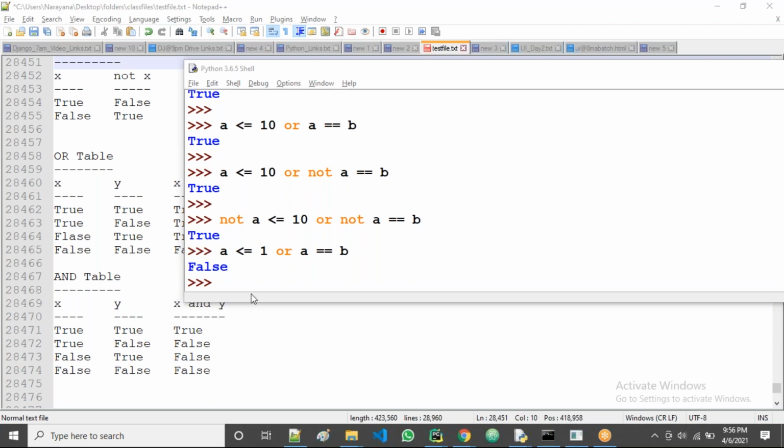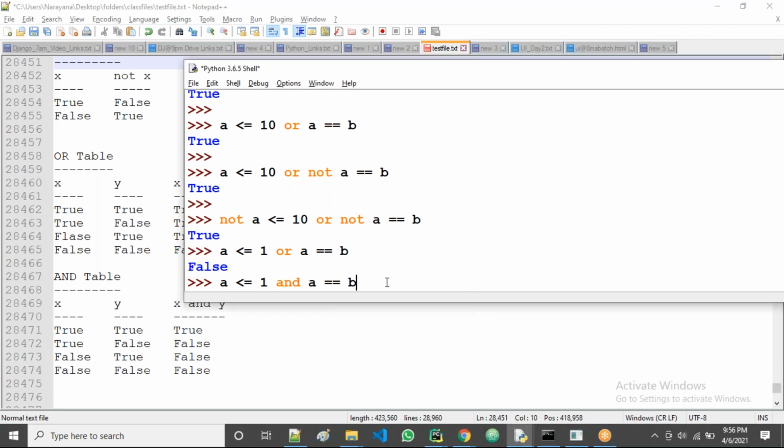So I'll take one more example, same as this, guys. Suppose here I take the and, then what is the output, guys? What is the output here?